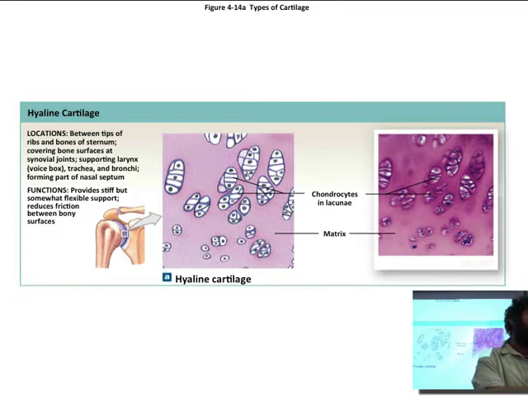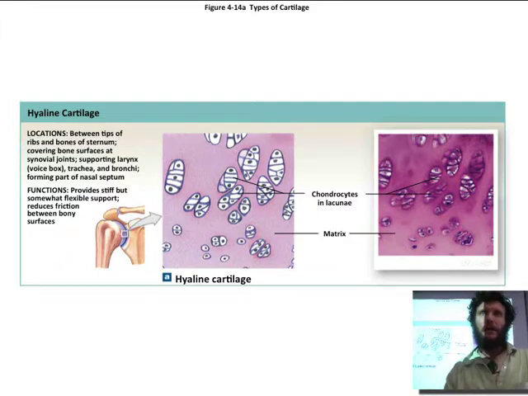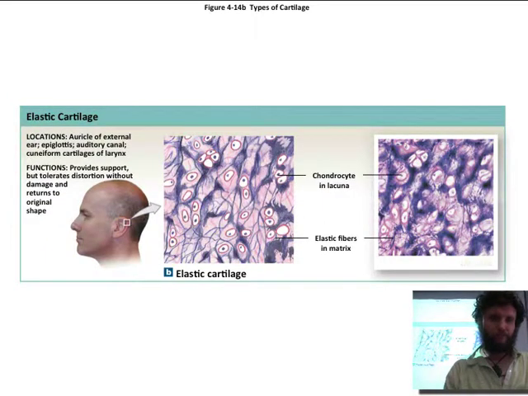It's part of most of the joints in your body, hyaline cartilage. It is quite a bit more flexible than bone, but it's still a sort of stiff, if not rigid, support structure between bony surfaces.